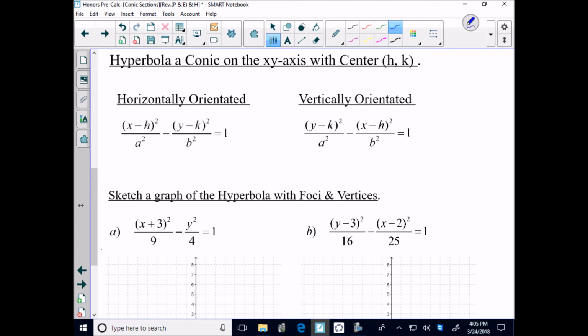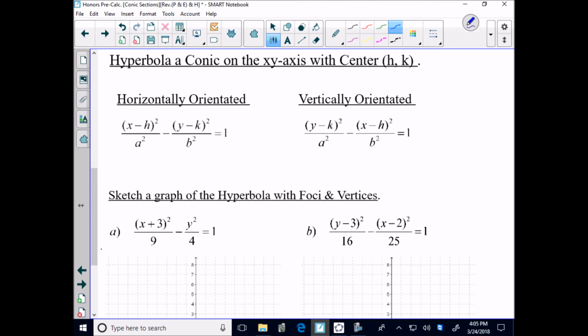So a horizontally orientated hyperbola is basically going to have the two sides of the hyperbola open horizontally, and a vertically orientated hyperbola is going to have those two sides of the hyperbola open up and down, right, vertically.